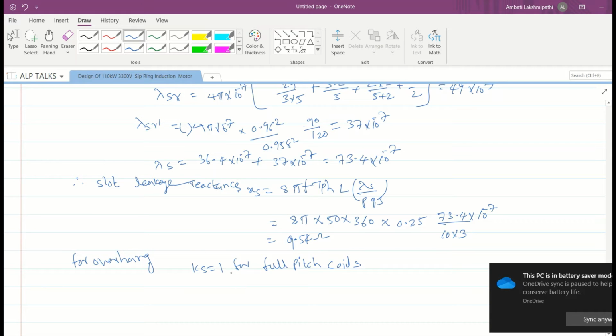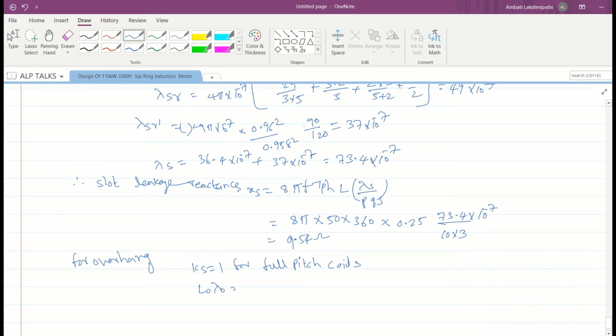Like that we can calculate L naught into lambda, which is 4 pi into 10 power minus 7 into 1 into 0.204 whole squared by pi into 22.7 into 10 power minus 3. This value comes to be 7.34 into 10 power minus 7.